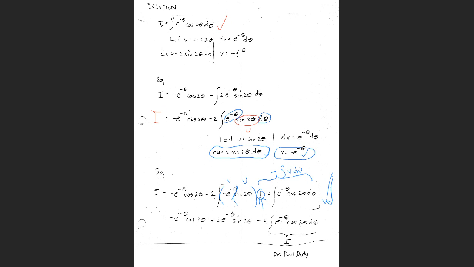So okay, let me just put a little box here. Looking here, dv is e to the negative theta d theta. I'm going to integrate both sides.